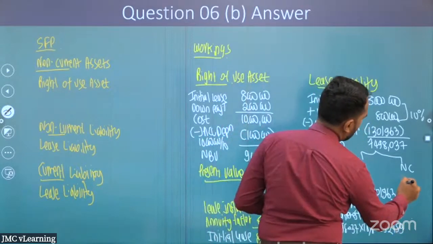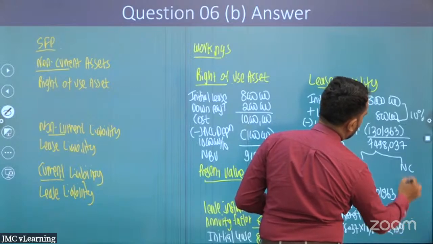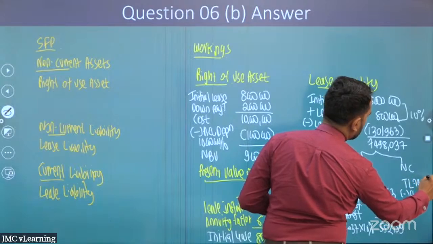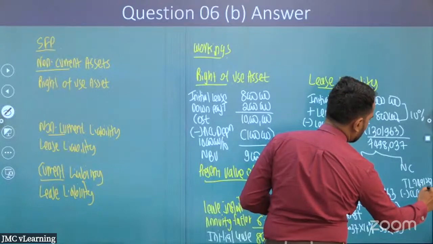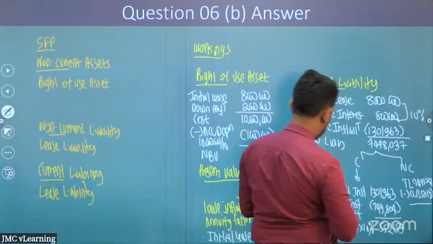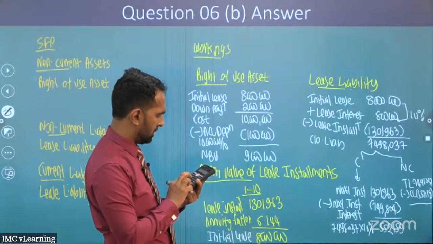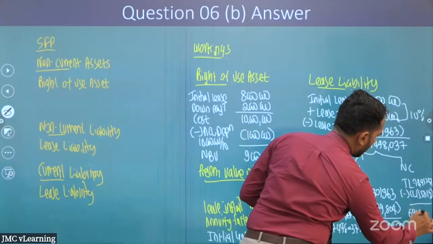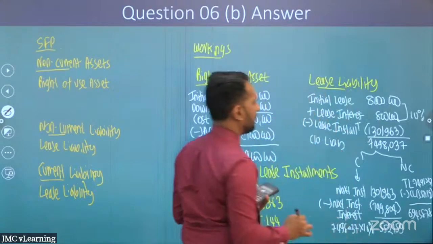Non-current liability. Take the total liability, deduct the current liability. Total liability is 7,498,037 minus the current portion 552,159. So the non-current liability is 6,945,878.